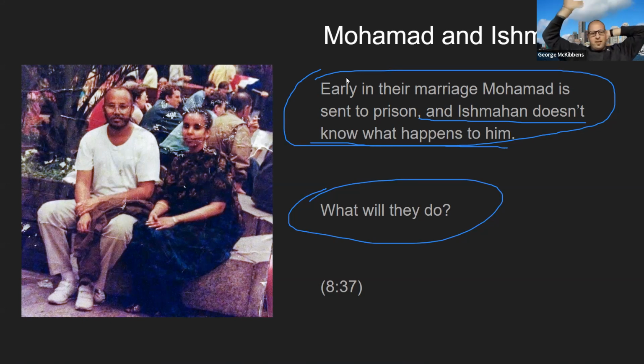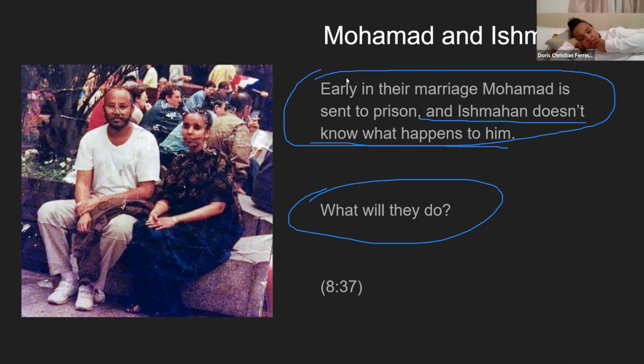Move on, forget he ever existed. Sit around and cry for the rest of her life. What? She's trying to find a way to help him. I didn't hear the story in the end, but I tried to think, what would I do if I were Ishmahan?